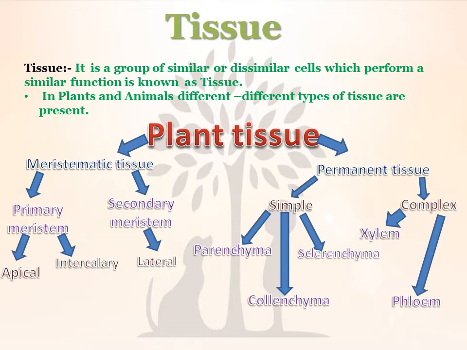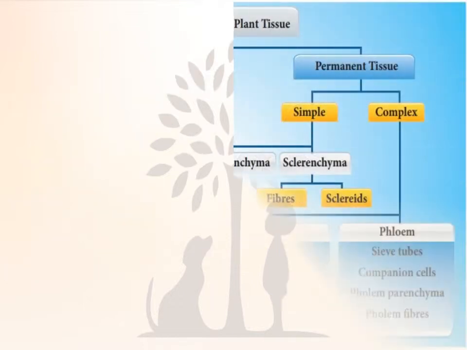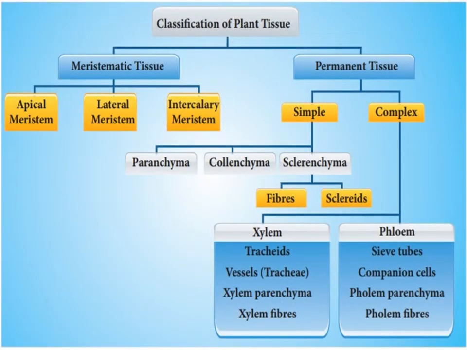So friends, this is the complete structure of the types of plant tissue which we will discuss in this lecture. This is the sketch of the classification of plant tissue.